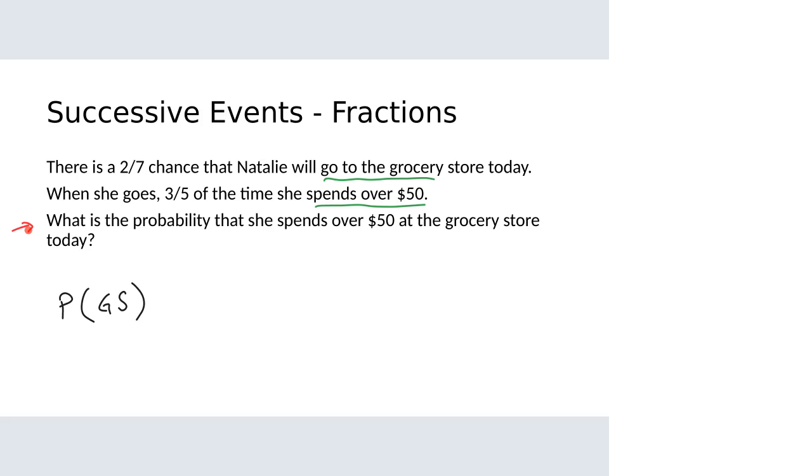So both things are built into this one question, kind of like they were last time with Catherine and the job. In order for her to get the job, she would have had to do the interview first. Here, in order for Natalie to spend over 50, she would have to go to the store first. So two things have to happen: go to the store and spend over 50.